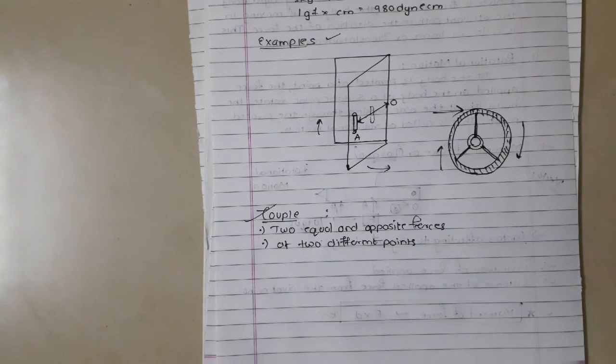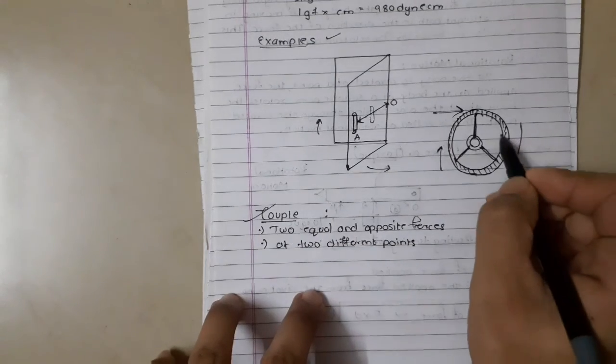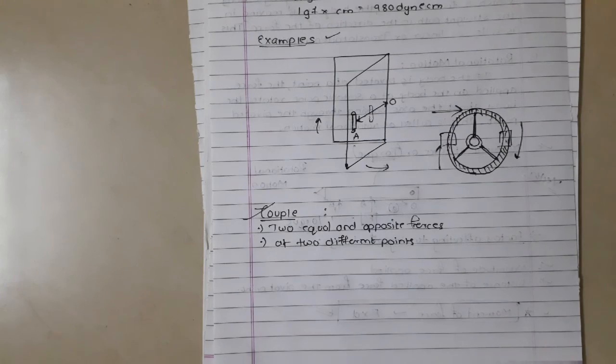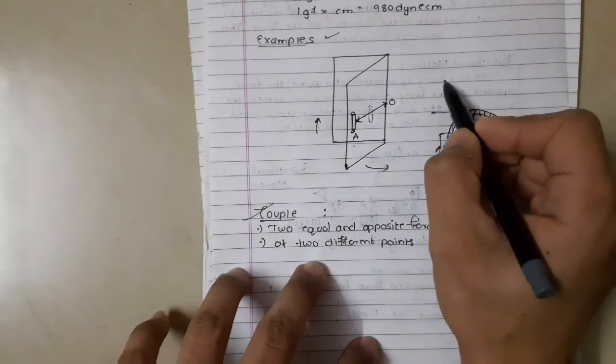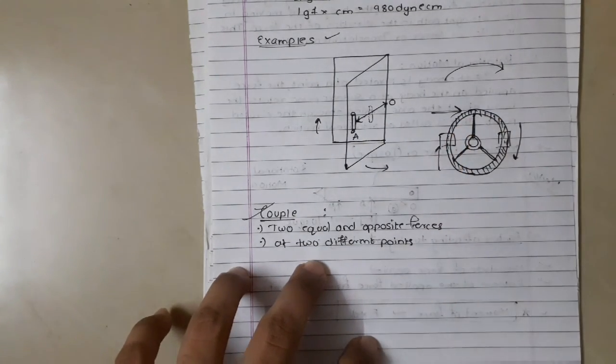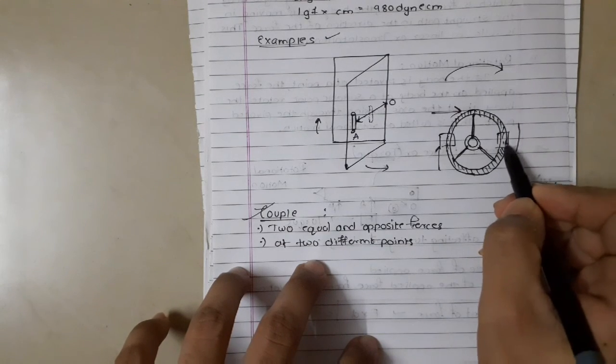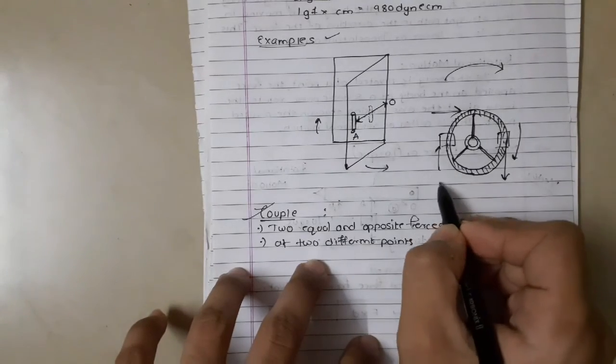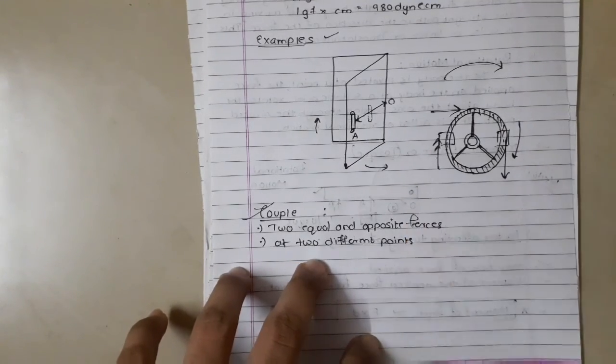We can also find a couple in the steering wheel. We grab the steering wheel from here and here with our hands. If you want to take a right turn, what do we do? We pull this from this side and we push this from this side, right?